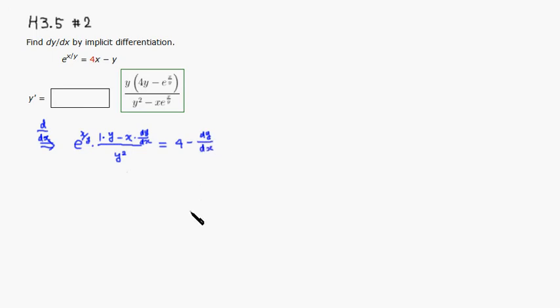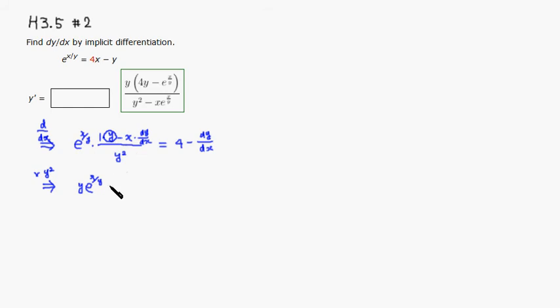Okay? Alright, so since I don't like fractions, I'm going to just multiply both sides by y squared. Right? So that way, I'm going to have, let's see, so this y squared cancels out. So you're going to have y times e to the x over y, right?